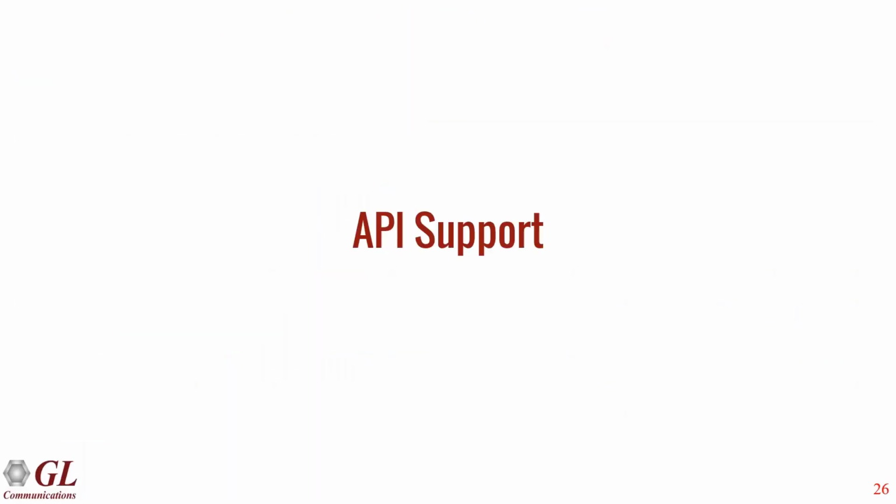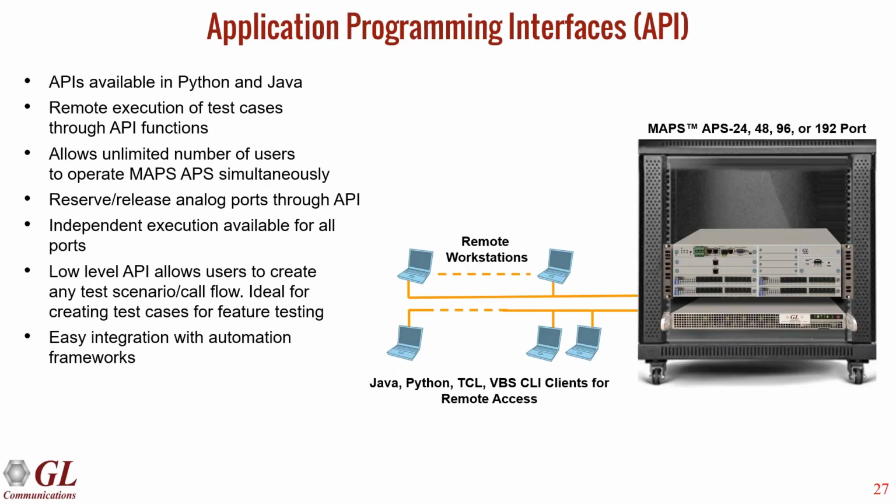Okay, so now we want to definitely emphasize our API support. API stands for Application Programming Interfaces, and more these days we have customers asking for scripting capability. Graphical user interfaces have their limitations.